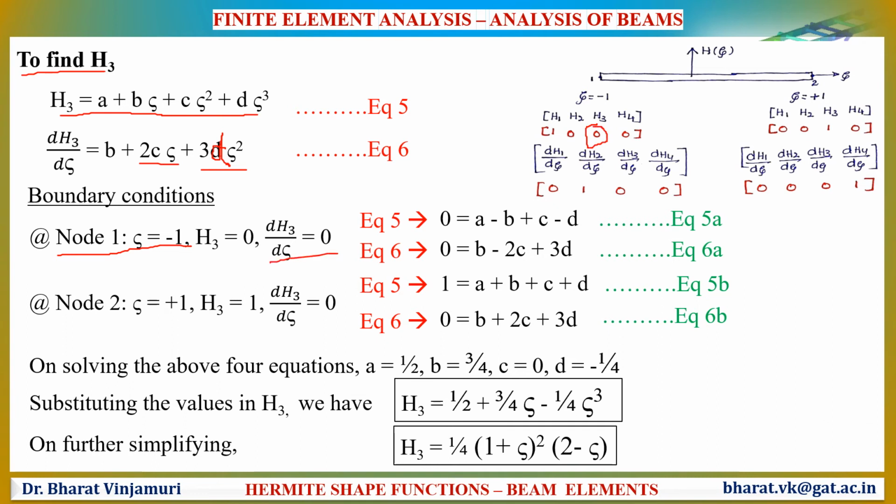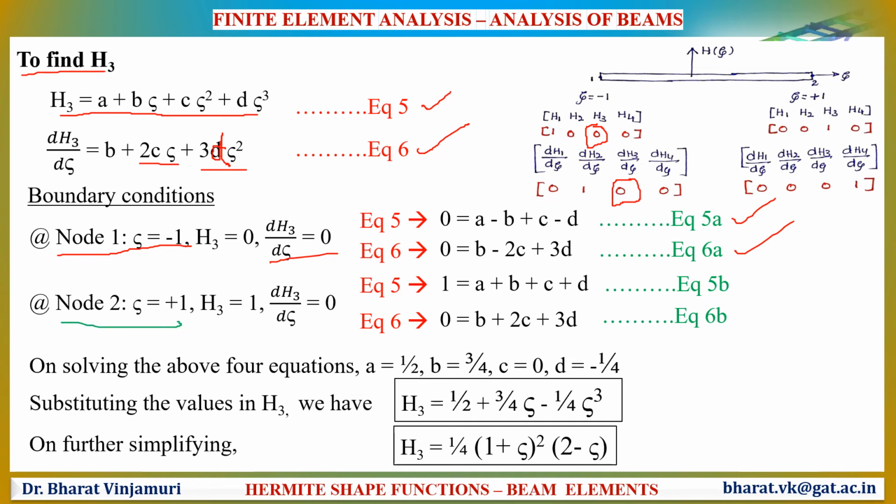Its first derivative at node 1 is also 0. So applying these boundary conditions to equation number 5 and equation number 6 gives two additional equations 5a and 6a: 0 is equal to a minus b plus c minus d and 0 is equal to b minus 2c plus 3d.